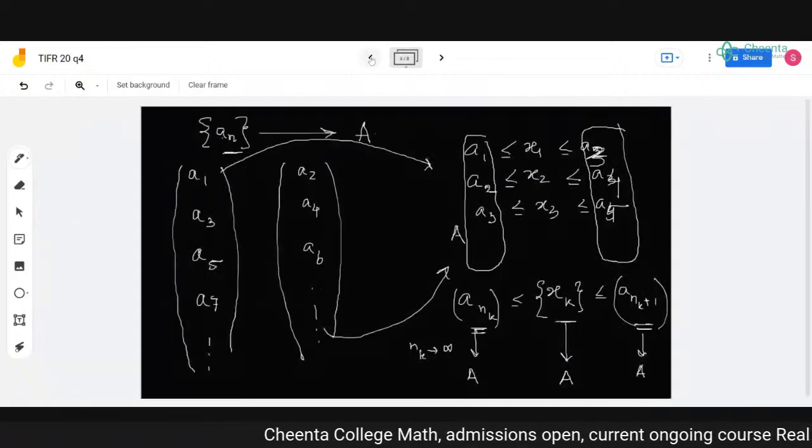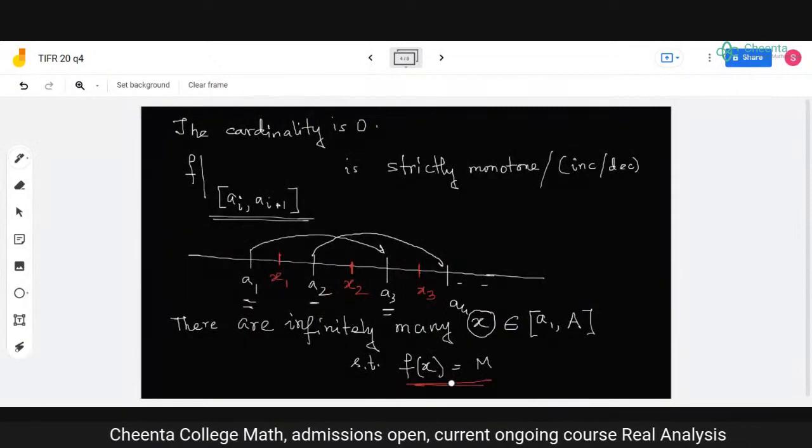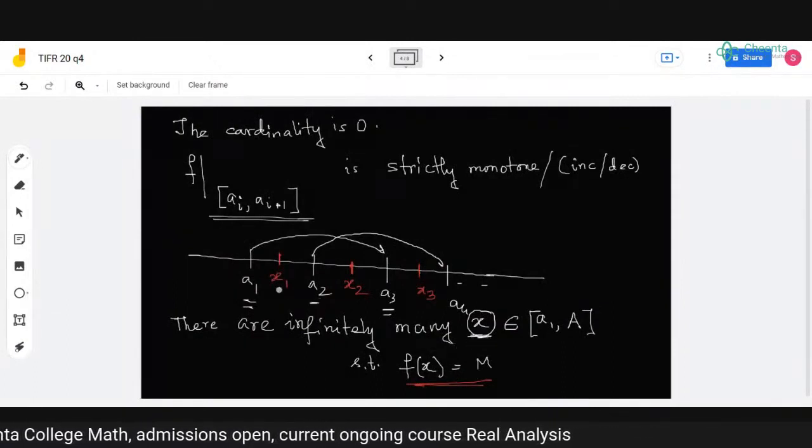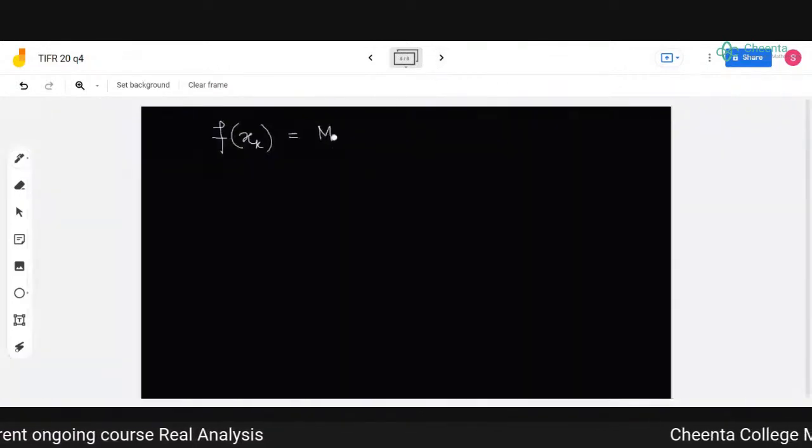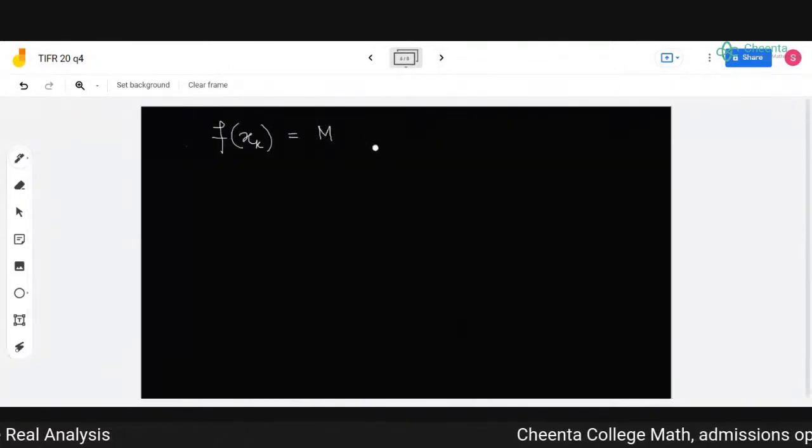That is how we chose those x_i's. For each k, f(x_k) equals m.